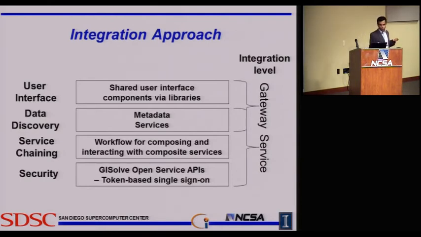The service chaining was done through a workflow, composed using the workflow system which was part of the GISOL middleware. And we use metadata services which OT was providing us. They have two metadata services, which I'll talk about in the next slide. And finally, we had the user interface, which was combined together using shared JavaScript libraries provided through OpenTopography.